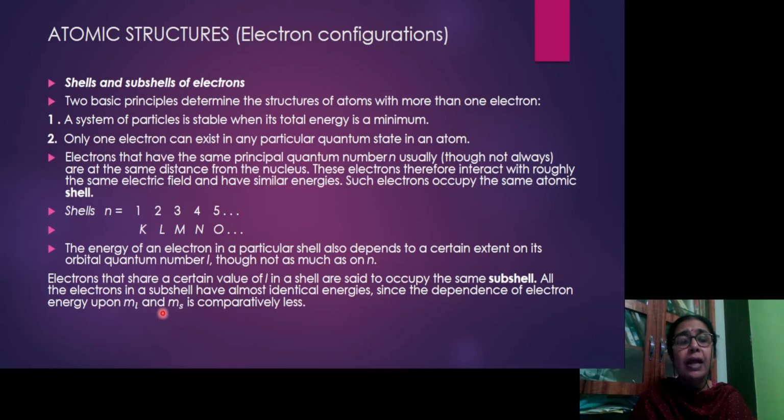But these ml and ms do not give rise to much energy changes. So therefore we take into consideration the L quantum number if we are considering the energy of the electrons.